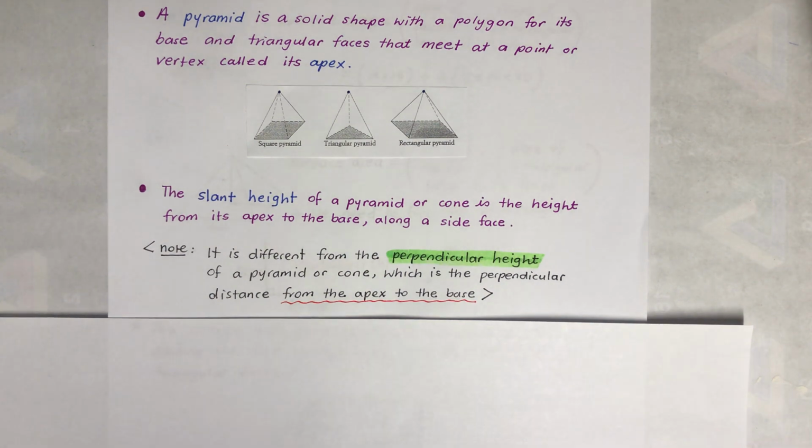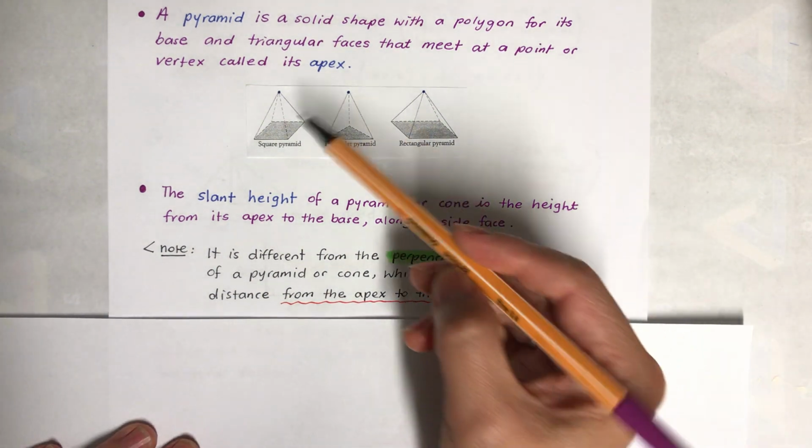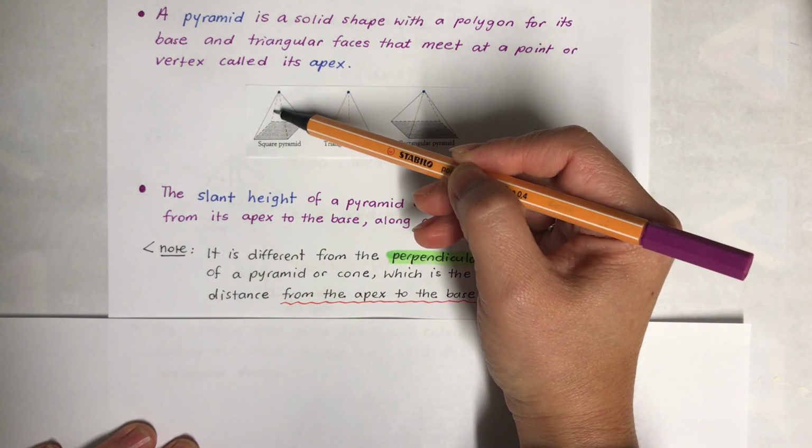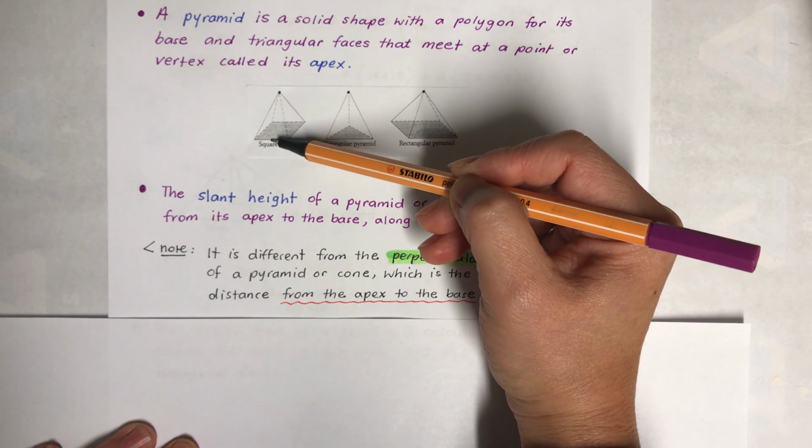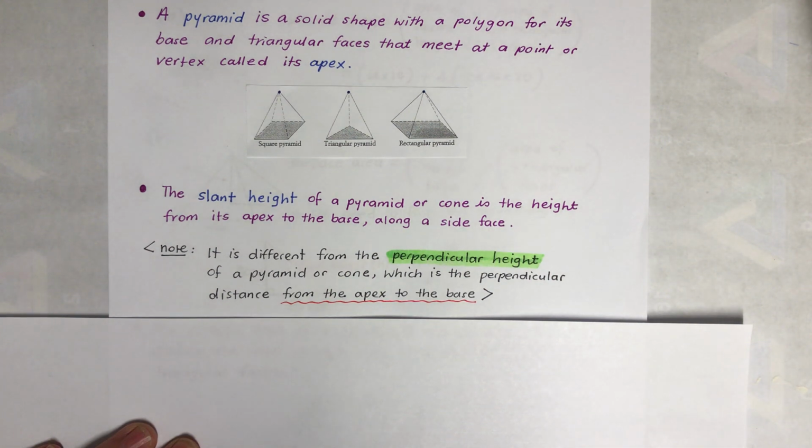Now this one. The slant height of a pyramid or cone is the height from its apex to the base along a side face. So on the side of that part, the slant height is going through.